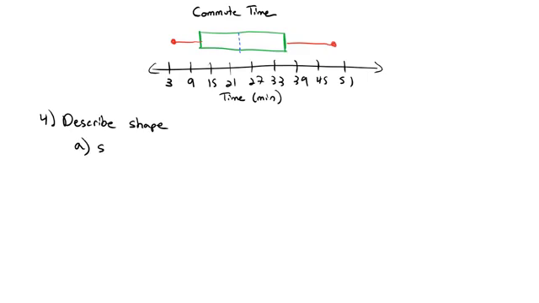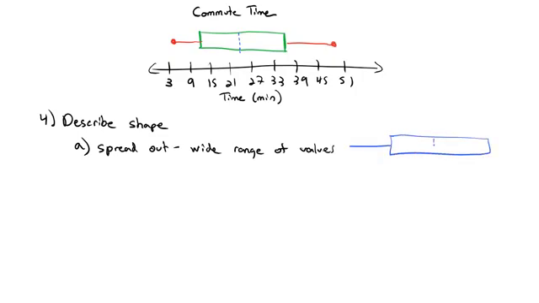One is the idea of being spread out, where we have a wide range of values. This would be a big box plot. Covers a large range of values. That means the data is not really close to each other, not close to the median, not really close to anything. It's all spread out.